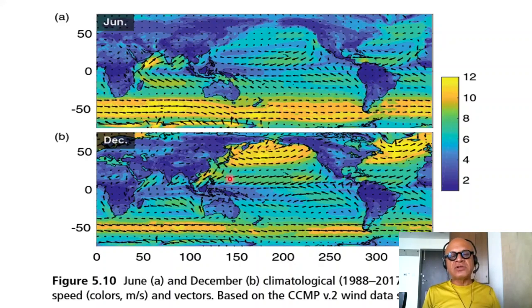The wind stress curls, as we will see, will be critical to drive convergence, downwelling, or divergence, upwelling, as well as Sverdrup transport. So when there is wind stress curl forcing at the surface, it turns out that water transport is induced. In a simple way, you can think of it this way. Winds are pushing the water westward here by the trade winds, so Coriolis is going to push the waters northward, and by the same token here winds are pushing it eastward, the ocean currents, and Coriolis will deviate it southward.